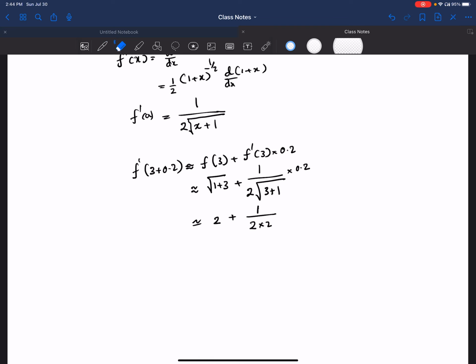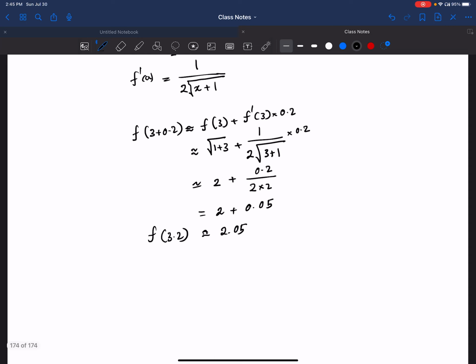So 2 plus 0.05, it's going to be 2.05. That's f of 3.2, right? That's how you approximate one value.